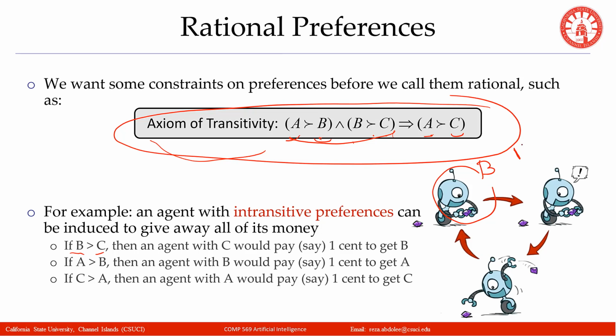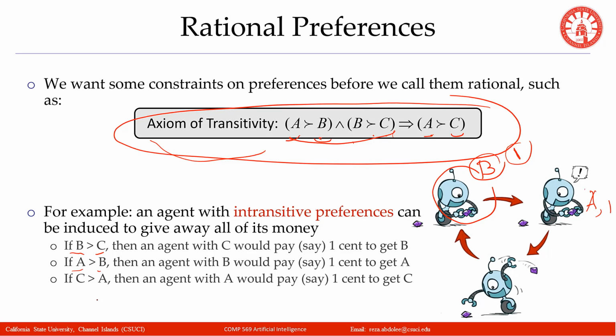So it pays 1 cent and gets B. And then the agent again prefers, for example, A over B, therefore it exchanges prize B for A, and it pays 1 cent for that. Now the agent has A, but it wants B, and therefore it exchanges again, but it pays 1 cent.